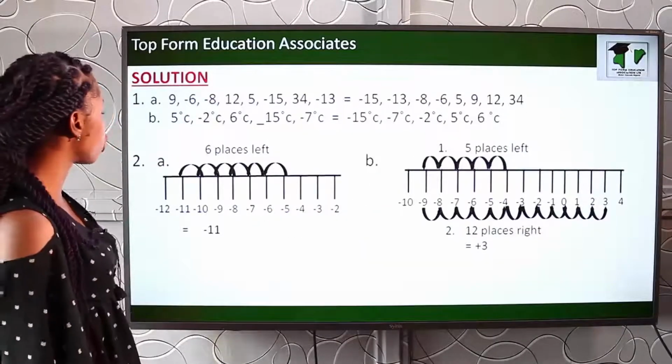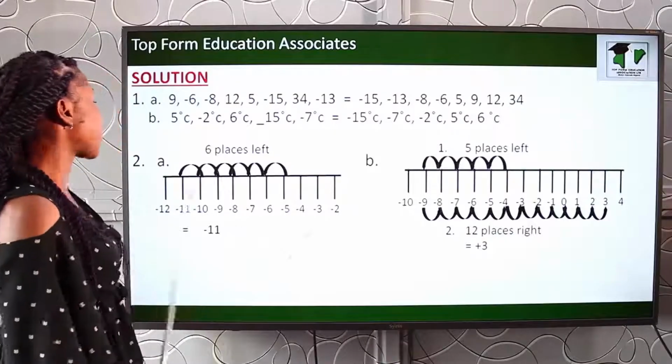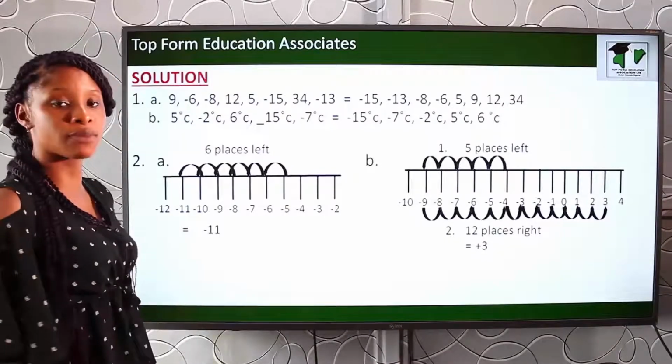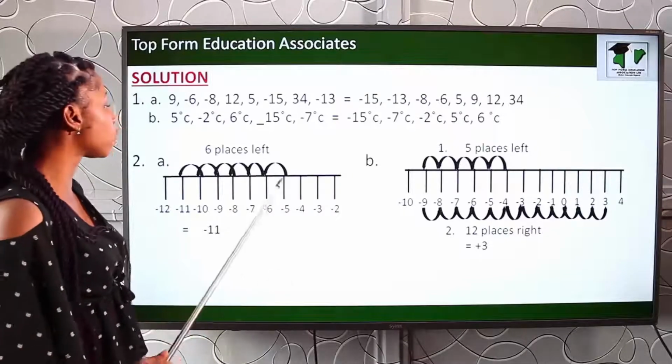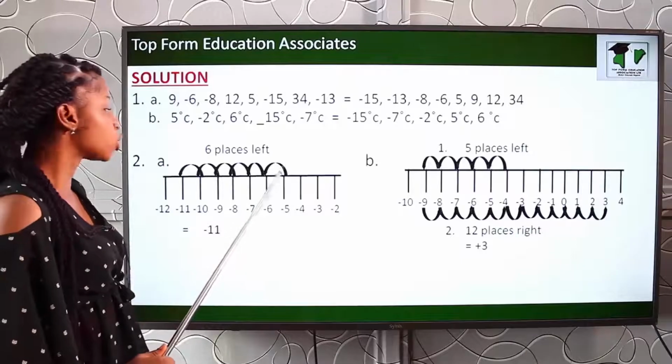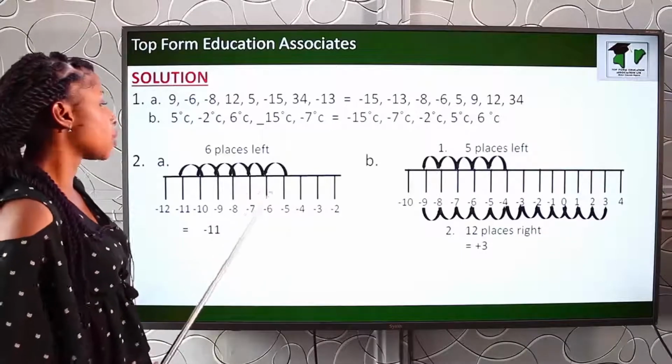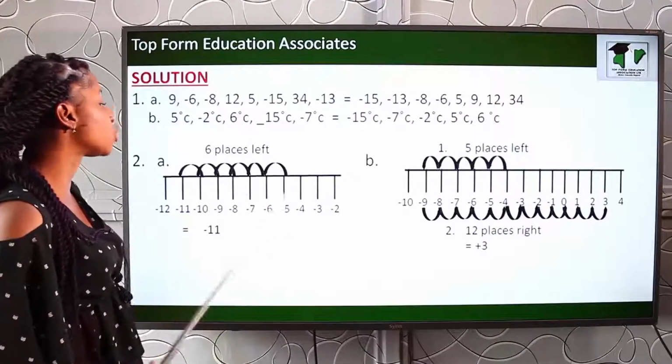Now, for number 2, we're asked to find the value of minus 5 minus 6. And remember, we said that whenever you are subtracting, you should move to the left. Subtraction is to the left, while addition is to the right.